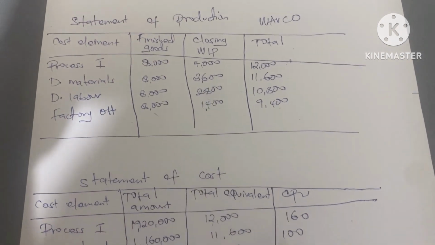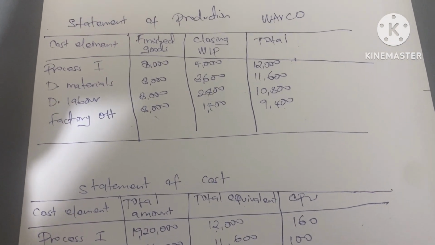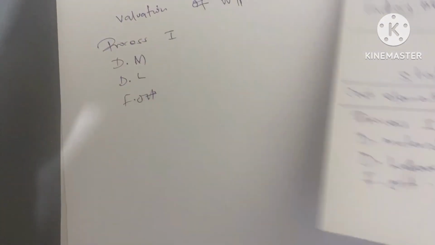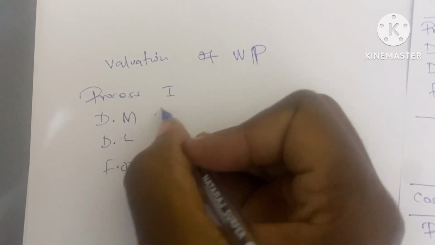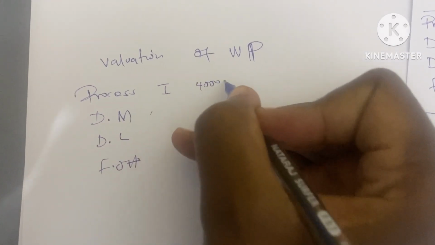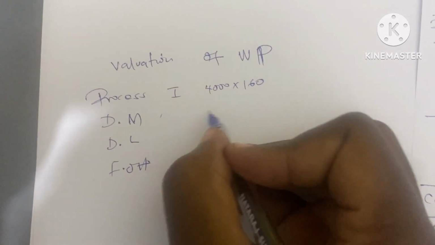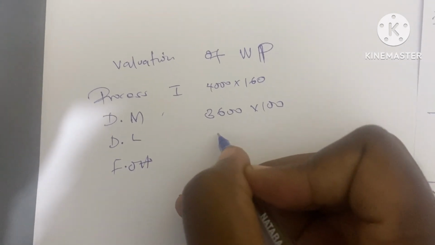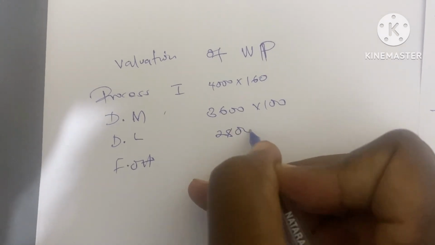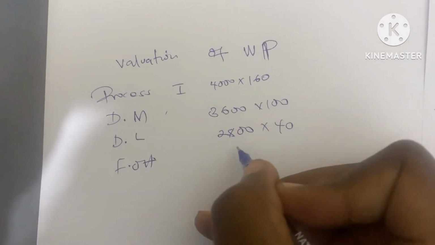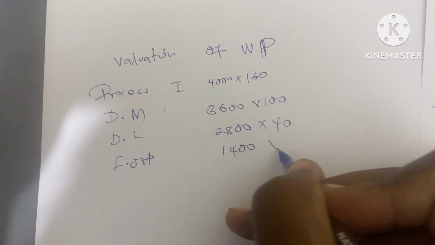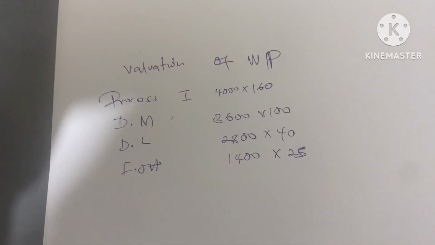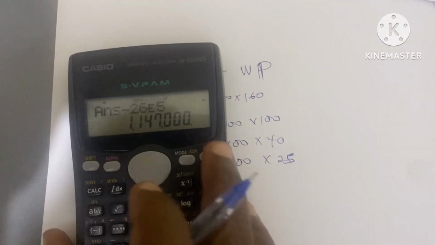This times this. So it's going to be, for process 1, 4,000 times 160, like that. The next one, 3,600 times 100. This 2,800 times 40. This one 400 times 25, like that.